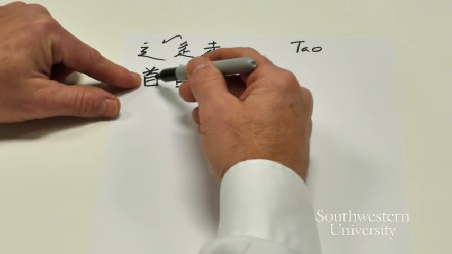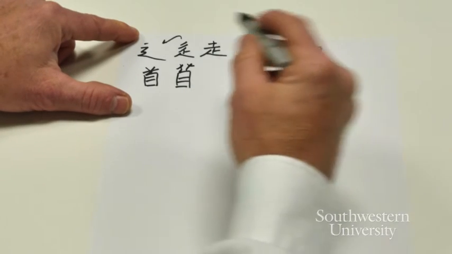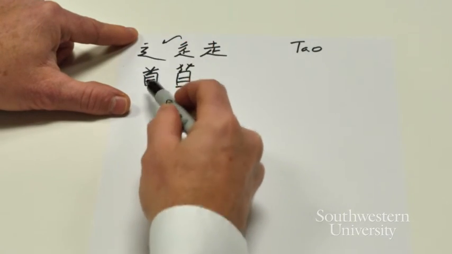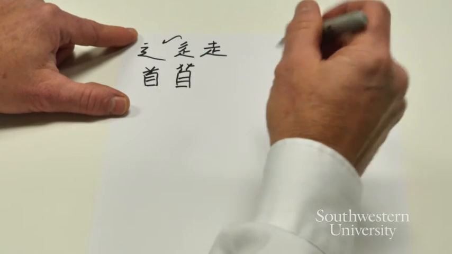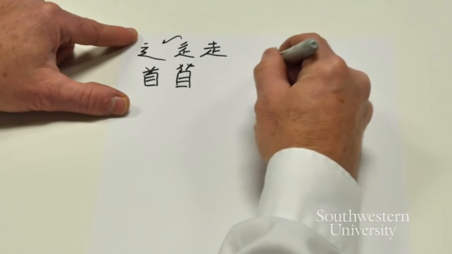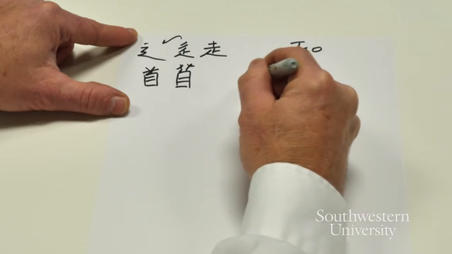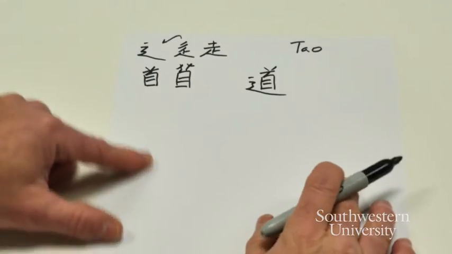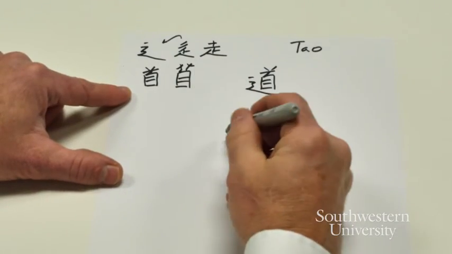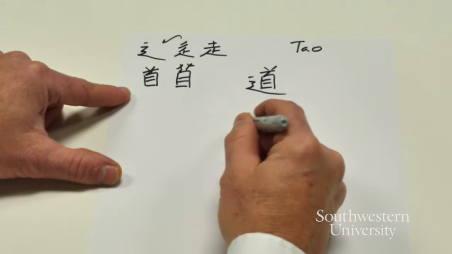But here it's shou, that just means head, and then zouzhi pang. So a head walking, a head going down the road, that's the road, the way, the path. So Tao can mean just a way to go, a path, a road, or it can mean the great Tao, the secret of the universe. It's also in zhidao, to know what to do, just to know.